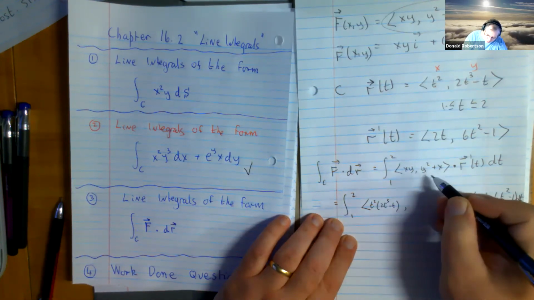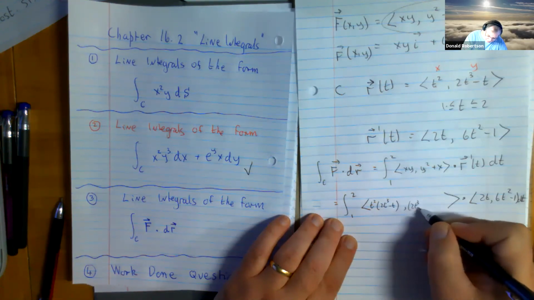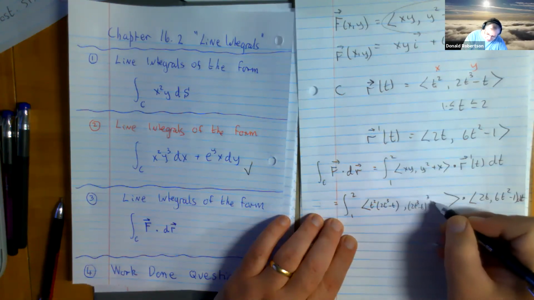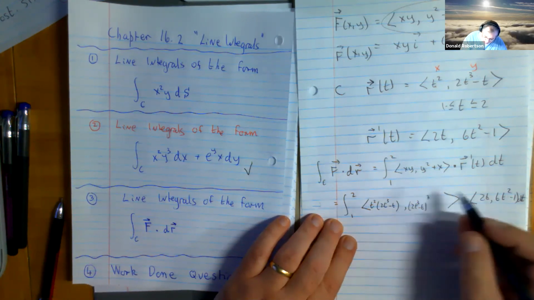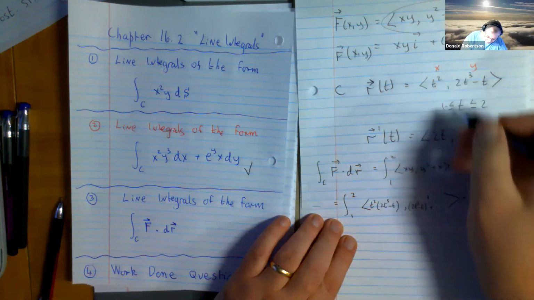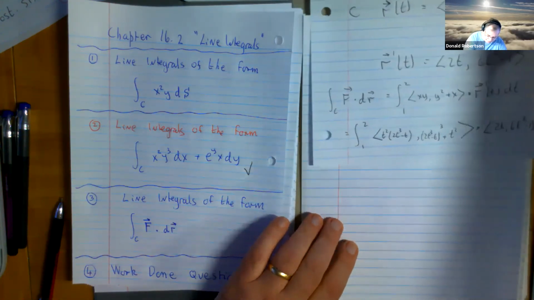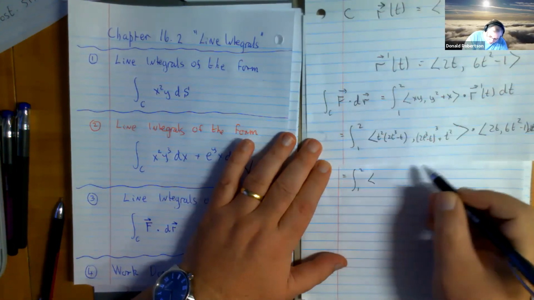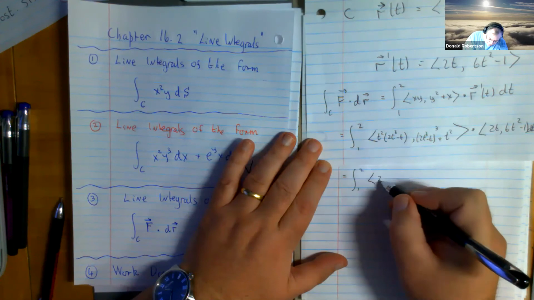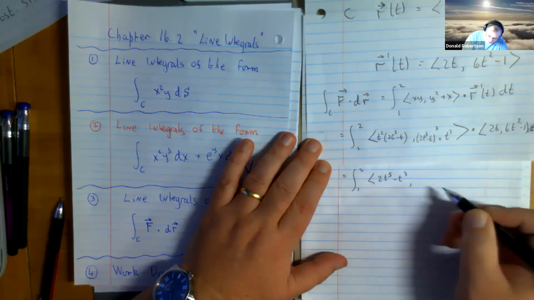And the second one is y squared, which is this guy, 2t cubed take away t cubed, plus x, plus a t squared. So let's keep going with this. It's integral from 1 to 2. I'll multiply this out, so it's what? 2t to the 5 take away t cubed.